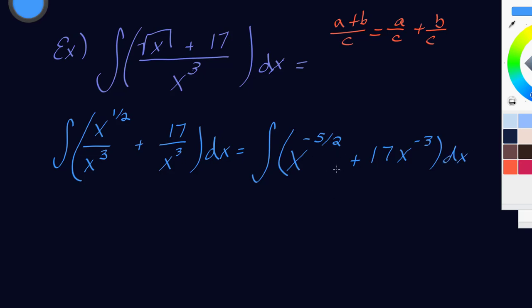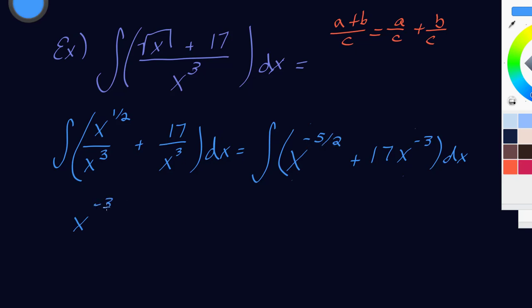Now there is an integral rule that said if I was taking the integrand of two functions being added together, I can just take the integrand of each of them individually. Remember, integrand, that's the same thing as antiderivative. So the antiderivative of x to the negative 5 halves, we'll have to add 1 to that. So that antiderivative is going to be x to the, well, negative 5 halves plus 1.